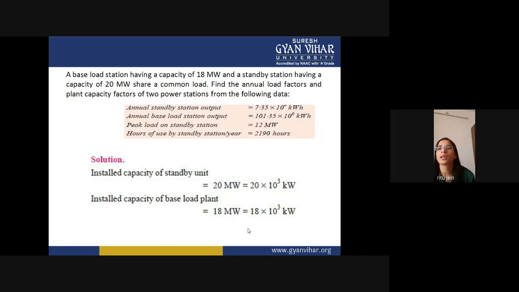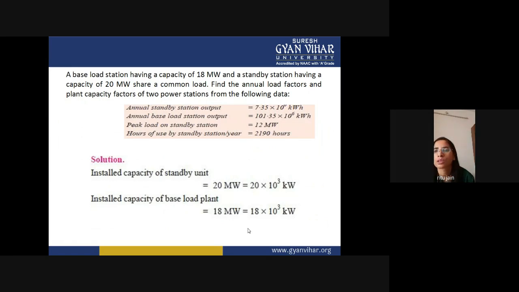The annual standby station output is 7.35 into 10 to the power 6 kilowatt hour, and the annual base load station output is 101.35 into 10 to the power 6 kilowatt hour. The peak load on the standby station is 12 megawatt, and hours of use by the standby station per year is 2190.